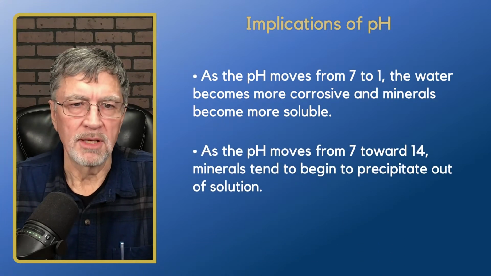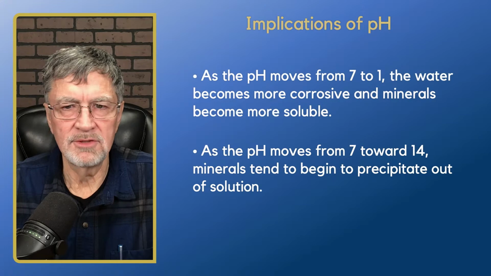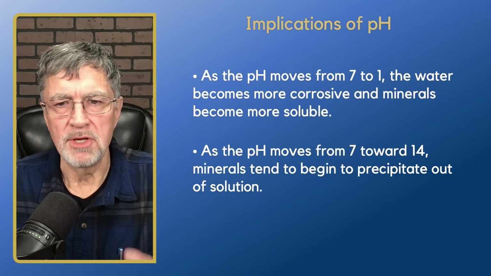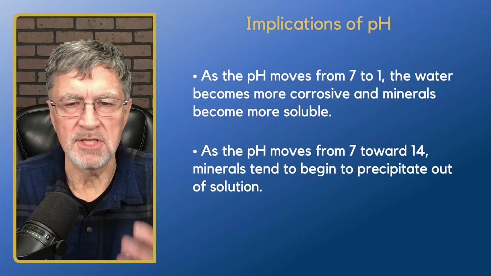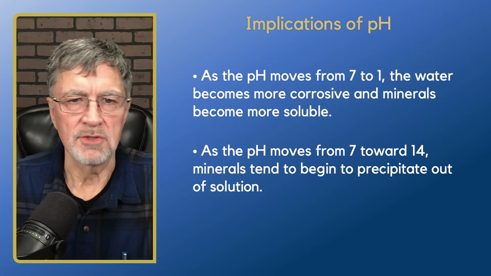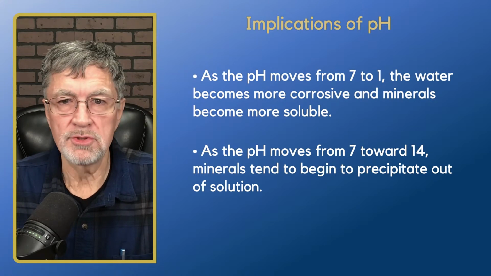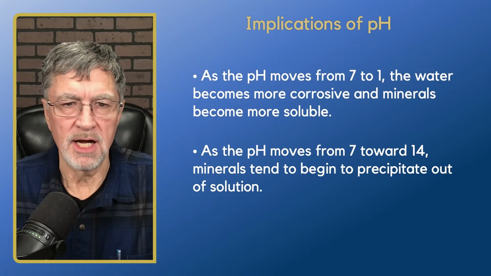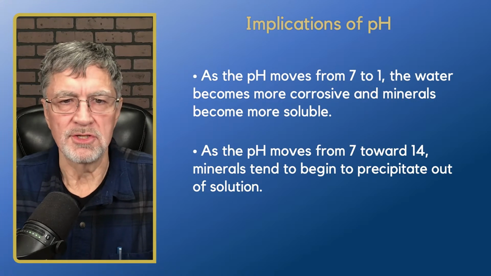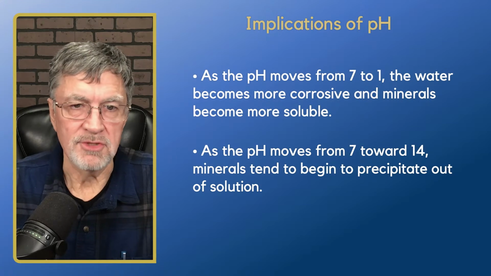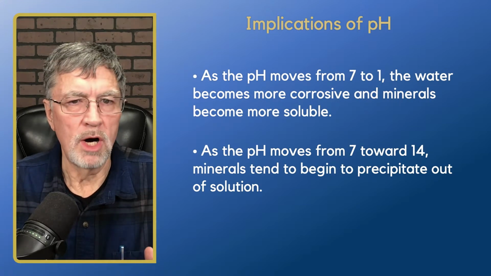As water becomes more alkaline, shifting from 7 towards 14, minerals tend to precipitate out of solution. This is where we have problems with mineral scaling in wells, if our pH is relatively high and you have, for instance, calcium carbonate dissolved in the water.